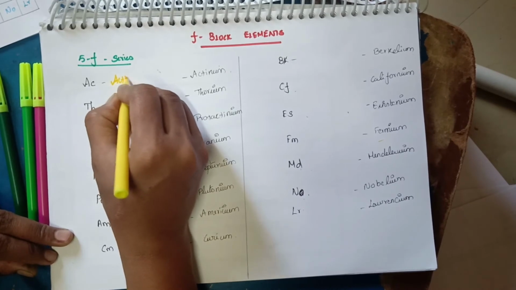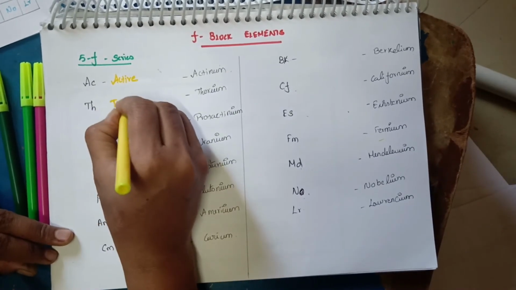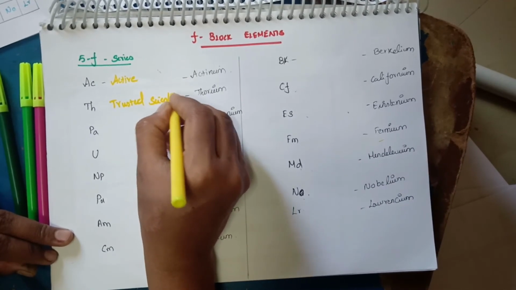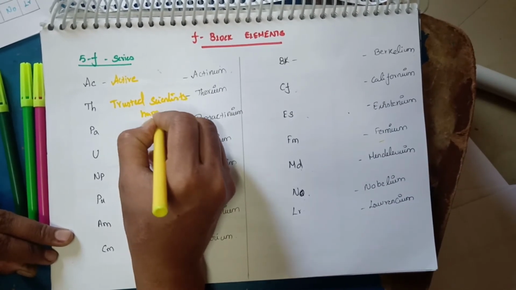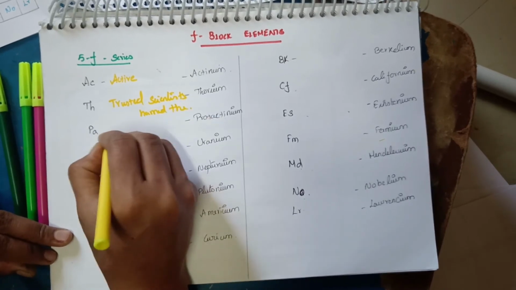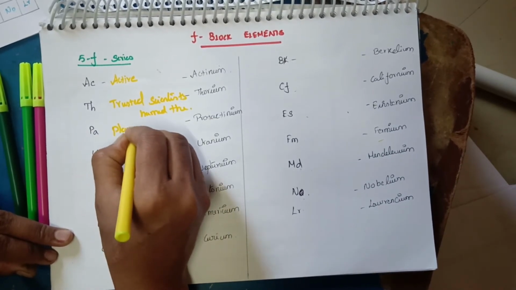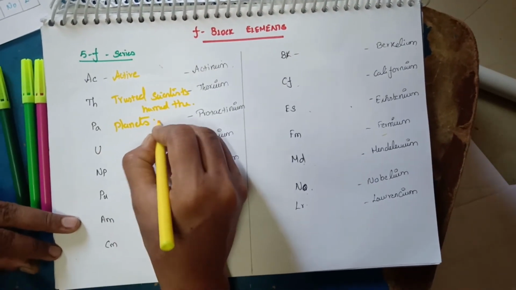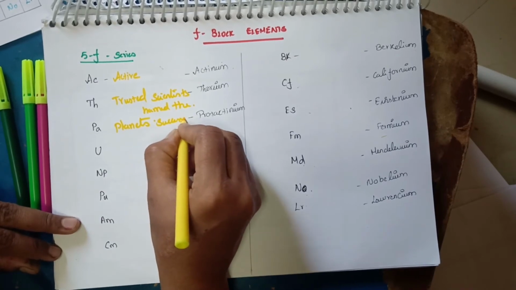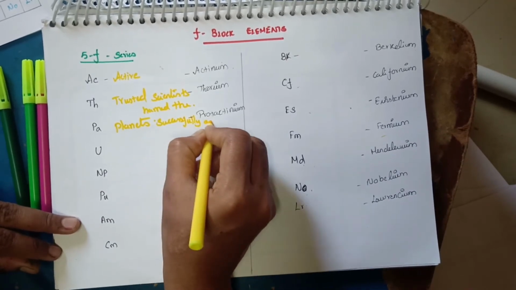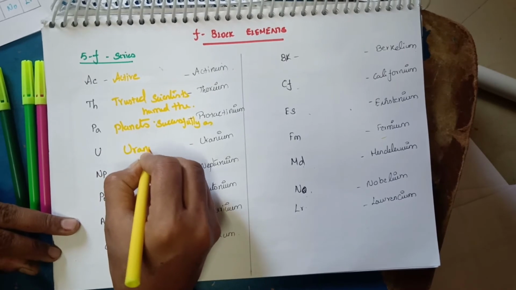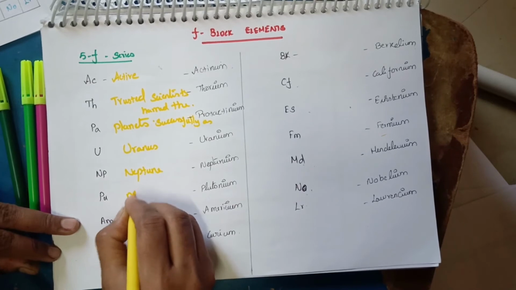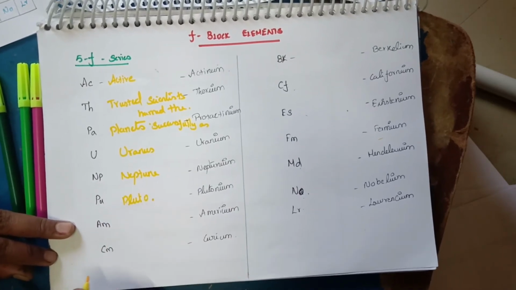Active, trusted scientist named the planets successfully as Uranus, Neptune, Pluto. This is one story.